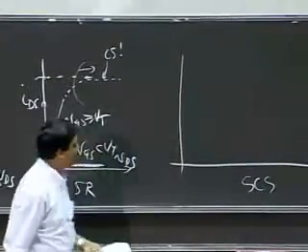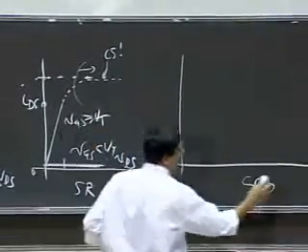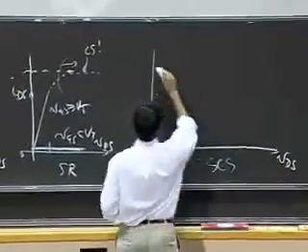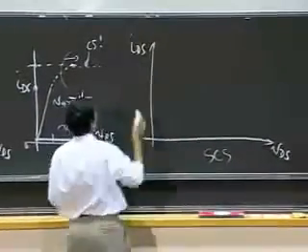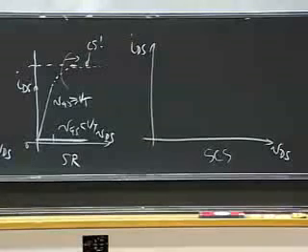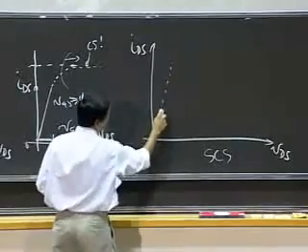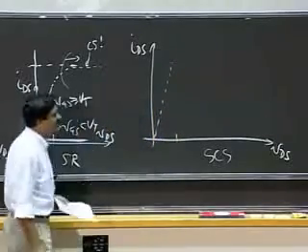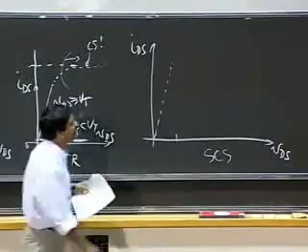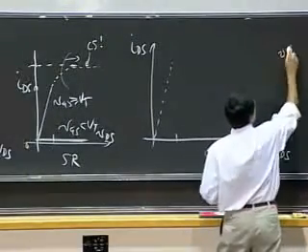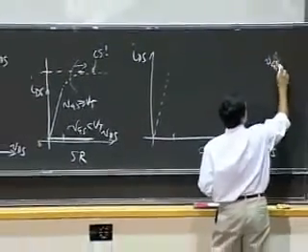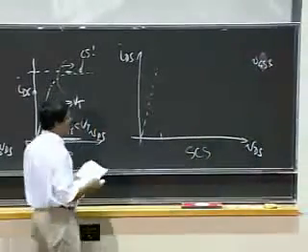So the SCS behavior can be drawn here, VDS and IDS. As I mentioned to you, for small values of VDS, let's say I pick some value of VGS, VGS3.